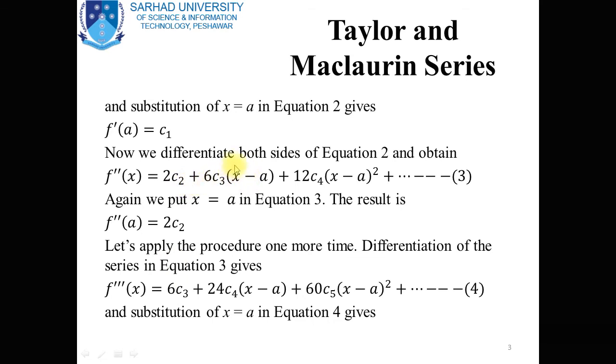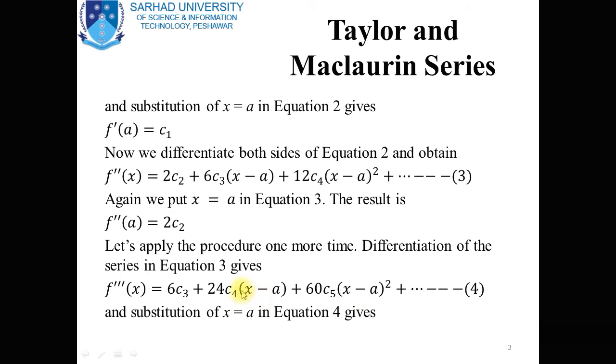And the derivative of x in the second term is 1 and the derivative of a is 0, so we obtain 6 into c3. Similarly, by using the power rule, multiplying the power 2 with the coefficient 12c4, we obtain 24c4 into x minus a, and other terms obtained, plus 60 into c3 into x minus a whole square, and so on.